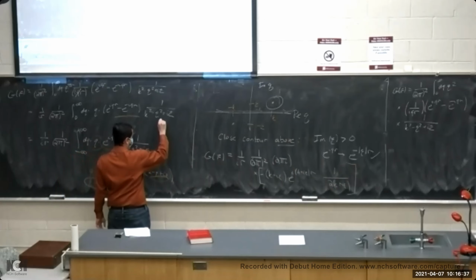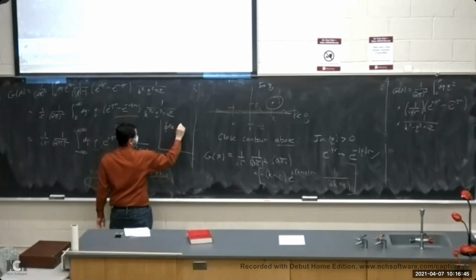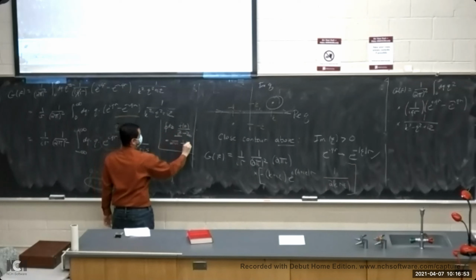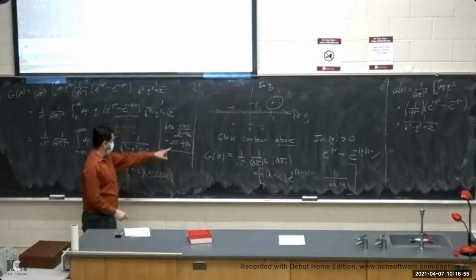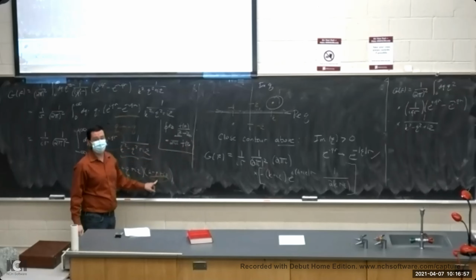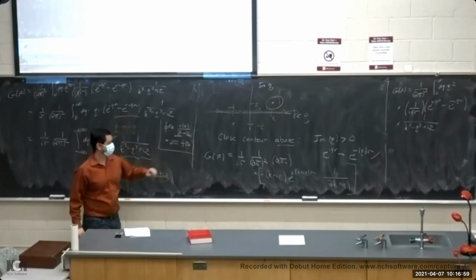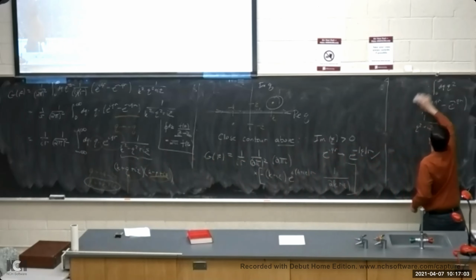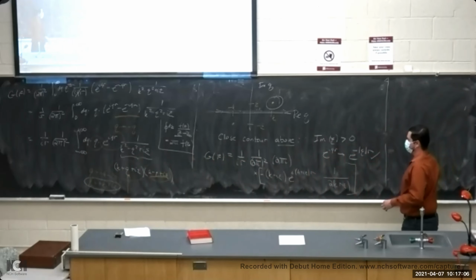Recall Cauchy's integral formula: the closed loop integral of f of z over z minus z naught gives you 2 pi i f of z naught. Here we didn't have z minus z naught, we had z naught minus z. That's where this minus sign comes from.